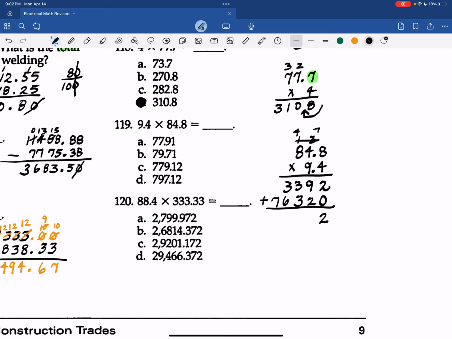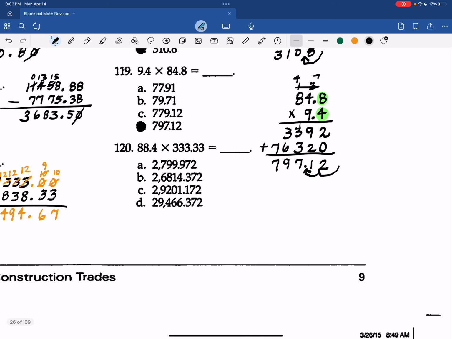Add those. Count your places. And scoop. 797.12. That one doesn't feel right either. Let me just double check. 84.8 times 9.4. Yes. If in doubt, check it out.